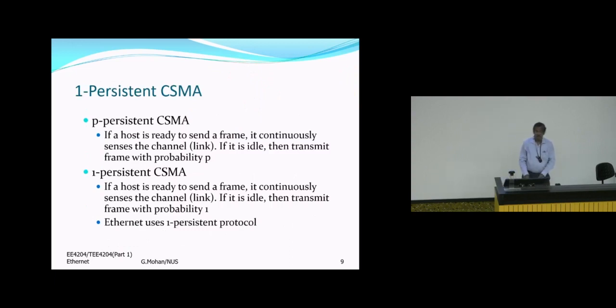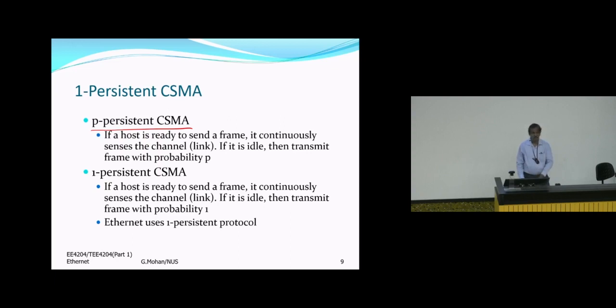We say that Ethernet uses what is called one persistent CSMA. So then we need to define what we mean by persistent CSMA. In general, p-persistent CSMA is this. The question is, if a host is ready to transmit a frame, let's say this is the computer, I have a frame to transmit.